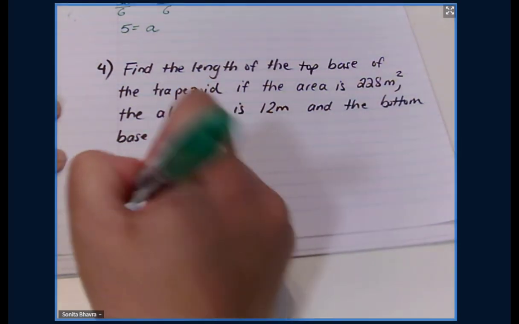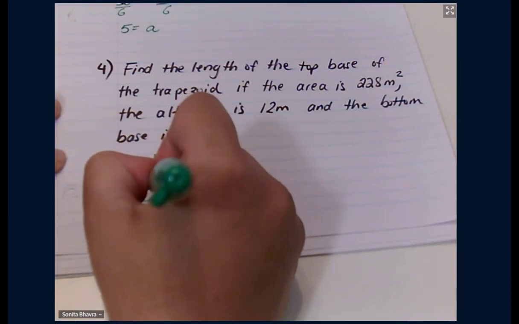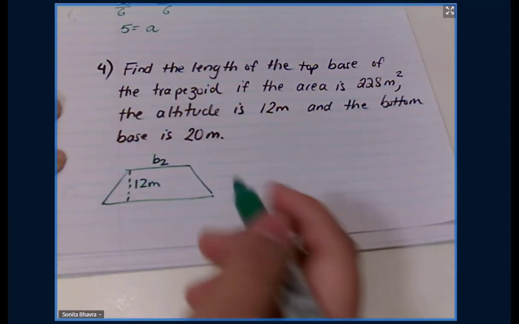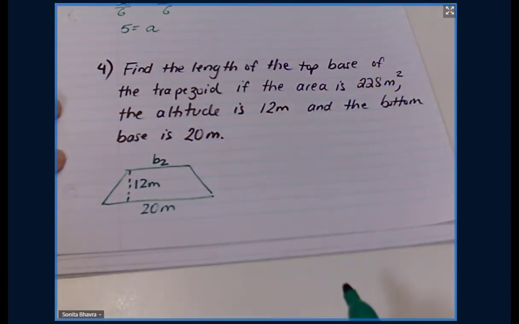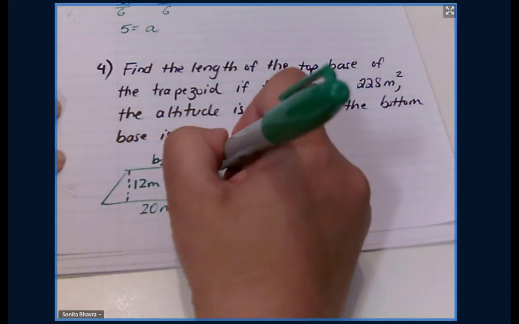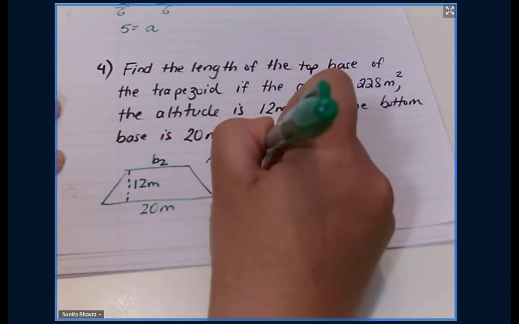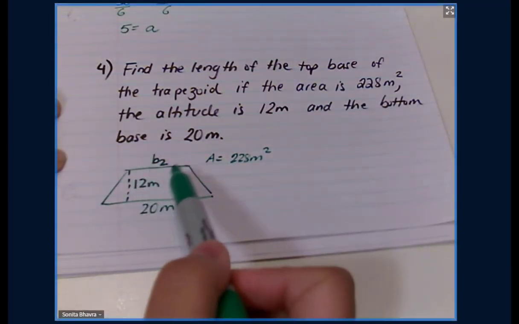Our altitude we are given, it is 12 meters. And our bottom base is given, it is 20 meters. And we are also given the area, which was 228 meters squared. All right, so that's just a quick sketch. We need to solve for B2.